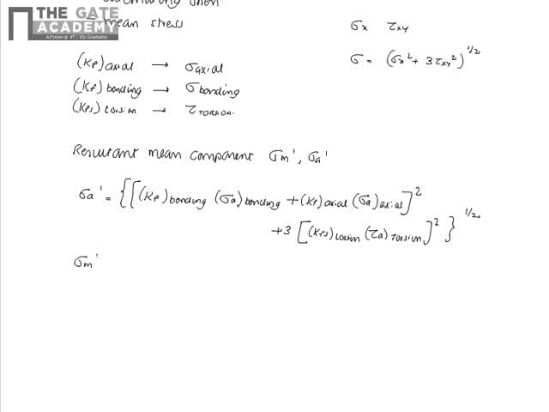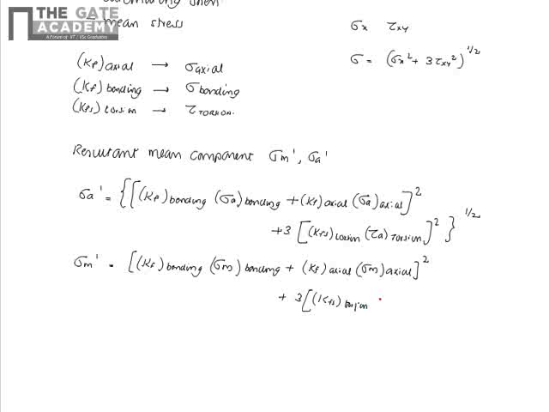Now resultant mean component again will be given by a similar kind of relation, that is bending stress concentration factor into the mean value of the bending stress plus the fatigue stress concentration for axial loading into the mean value of the axial loading. This will be the normal stress component square plus 3 times the fatigue stress concentration factor for torsion into the mean value of the torsional shear stress, the square, the whole raised to half.